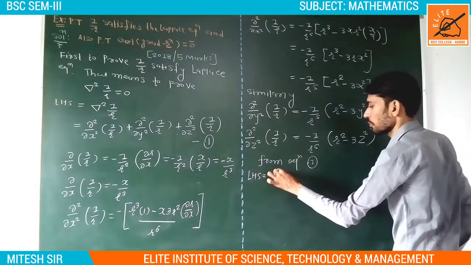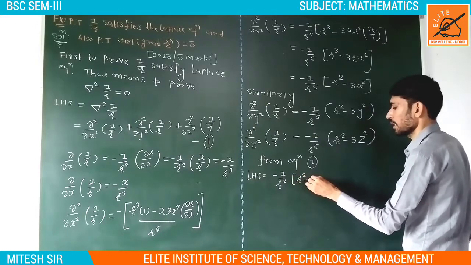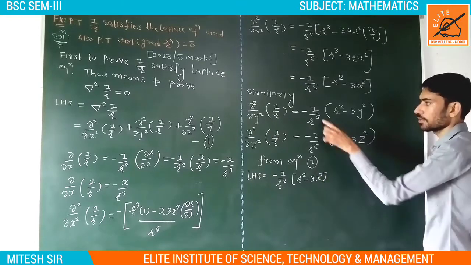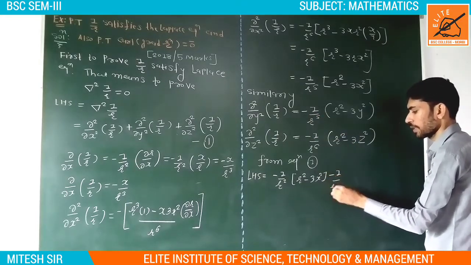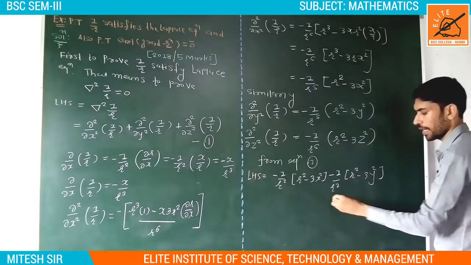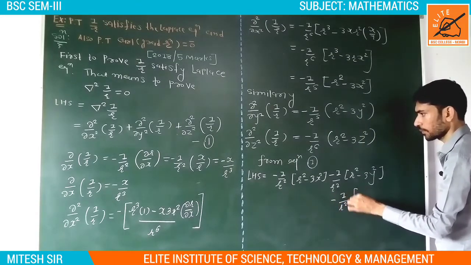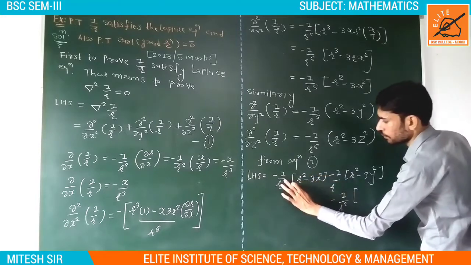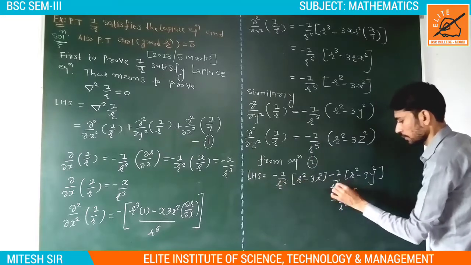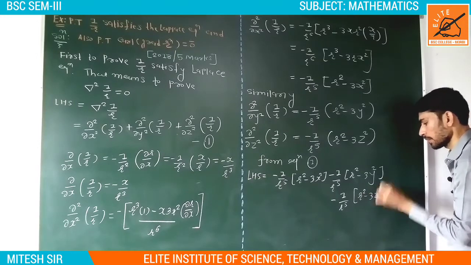Here we get minus 1/r⁵ into r square minus 3x square, plus the value of del square upon del y square, minus 1/r⁵ into r square minus 3y square, plus the value of del square upon del z square, which is minus 1/r⁵ into r square minus 3z square.